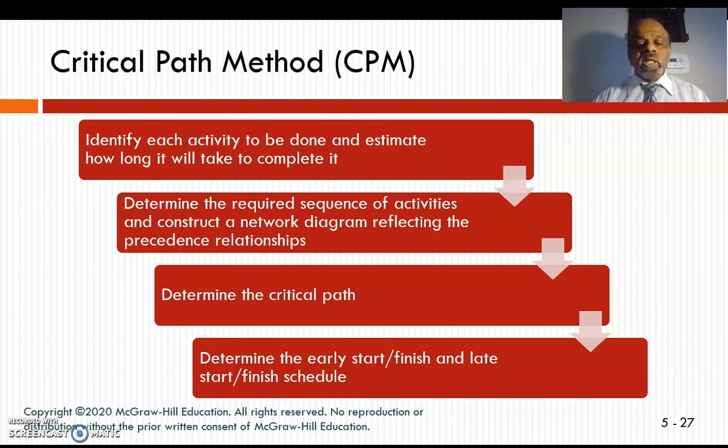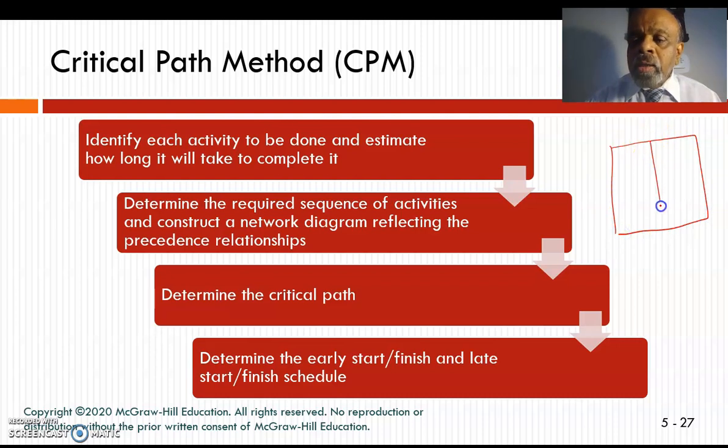So you have 4 things that you're going to be considering in a CPM: an early start, an early finish, a late start, and a late finish. These 4 components will tell you how to manage these activities. They also help you to put together a network of activities and to determine the critical path.